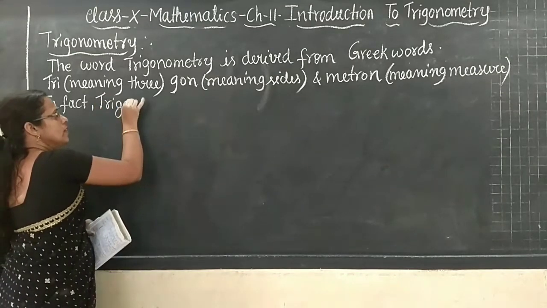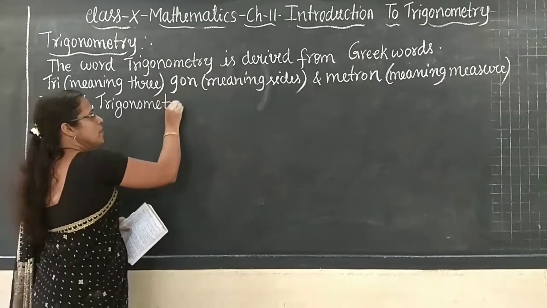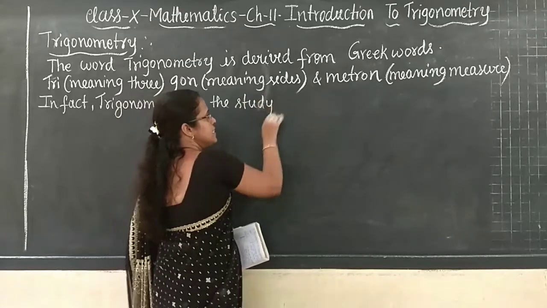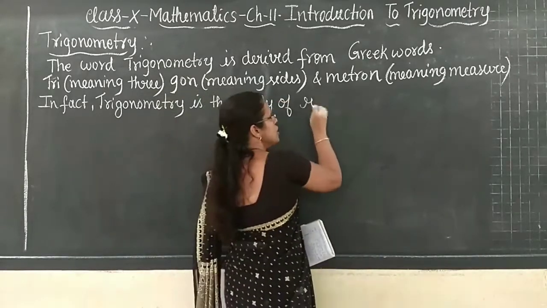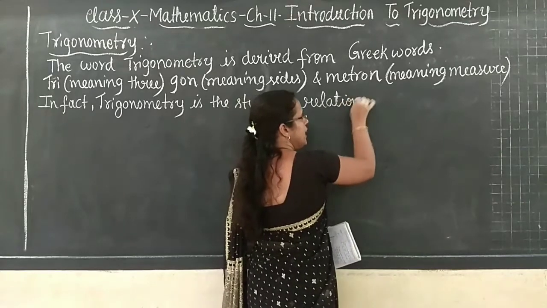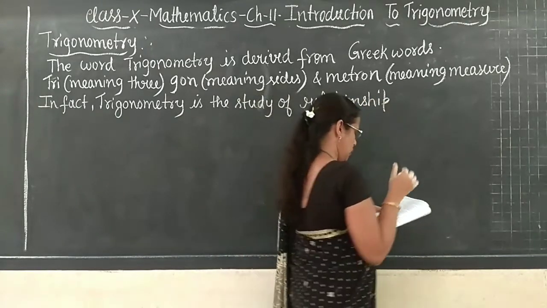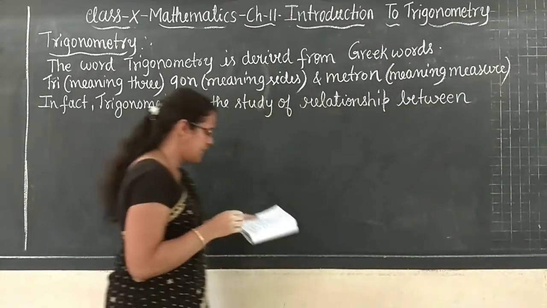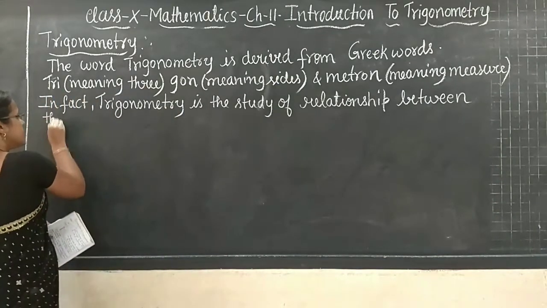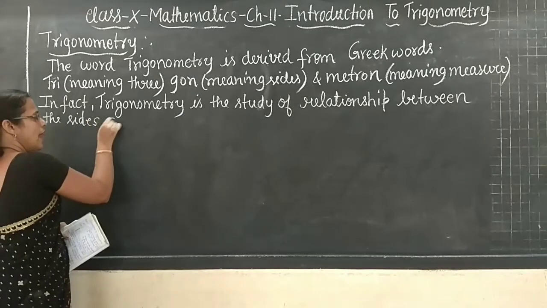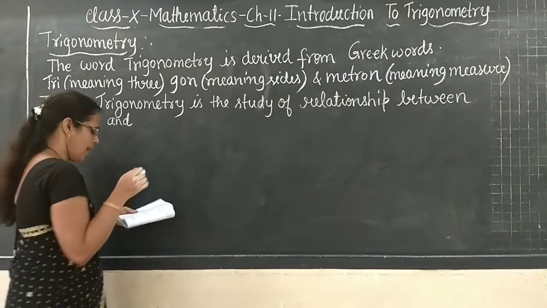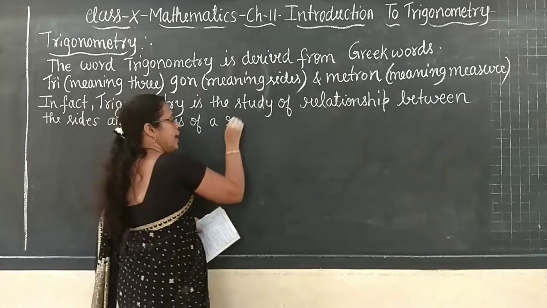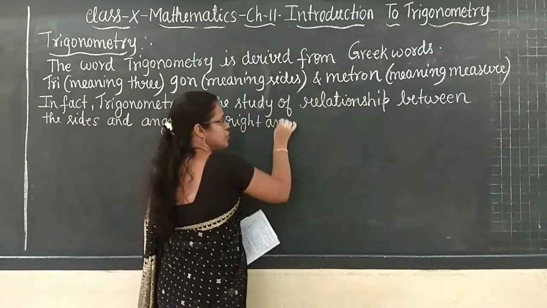Trigonometry is the study of relationship between the sides and angles of a right angle triangle.